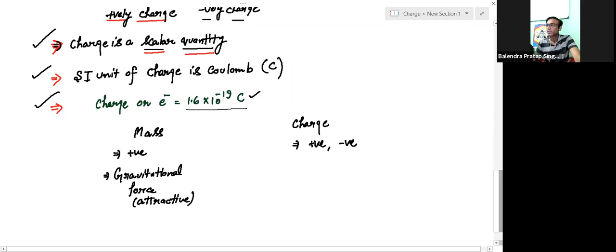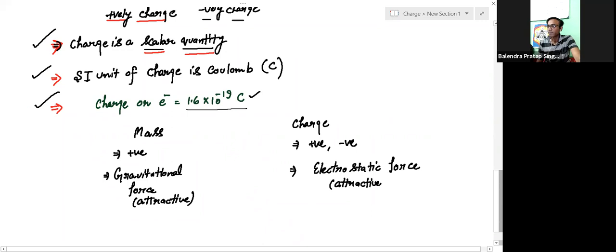And due to charges, if a body is positively charged and another negatively charged, a force exists which is the electrostatic or electric force. This force is attractive as well as repulsive.